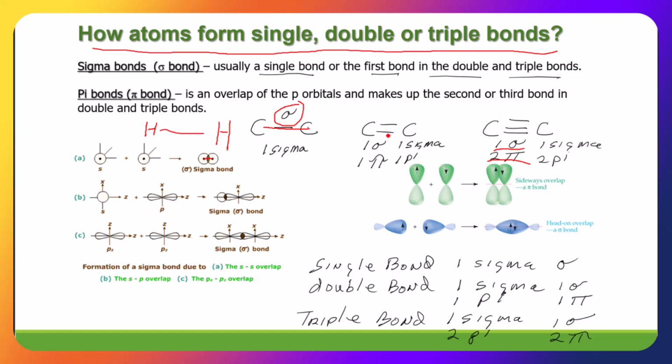Go count all the double bonds or triple bonds, add sigma bonds for each of those to the tally, and then a double bond also has a pi bond. A triple bond has two pi bonds. So all bonds have a sigma bond. A double bond has one sigma and one pi. A triple bond has one sigma and two pi. Remember that. Okay, I'll test you on it later.